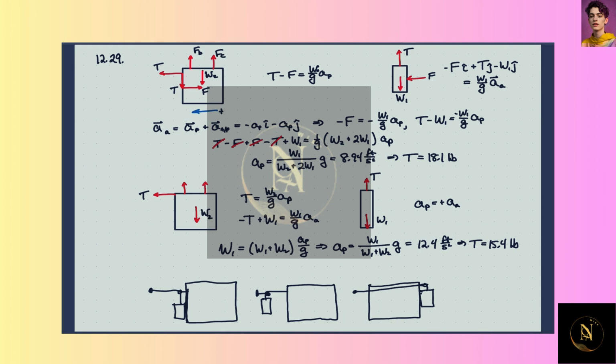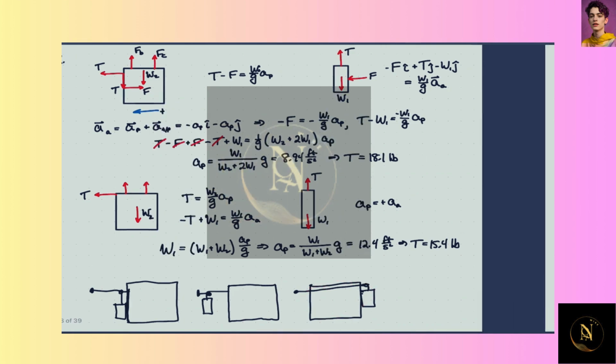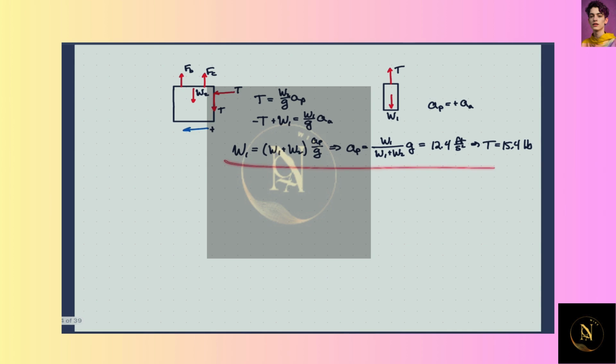So we can see that this situation gives exactly the same result, at least for how this panel moves. Now the forces holding the panel up are going to be greater here. It's all the same math, so we get 12.4 feet per second squared and 15.4 pounds in the cable. So again, we're going to add some load to these rollers at the top.